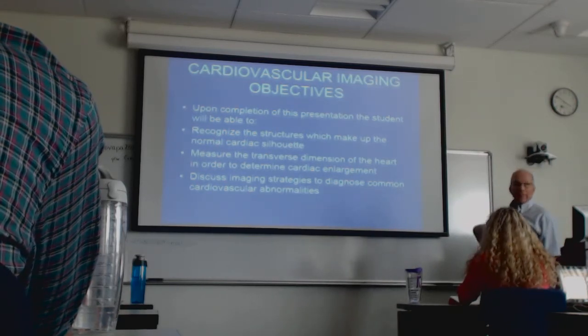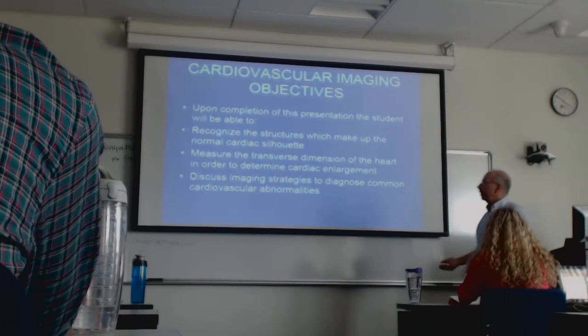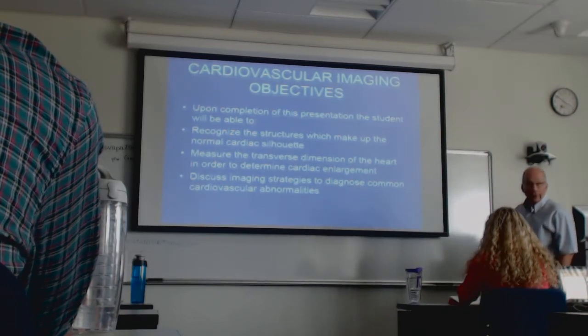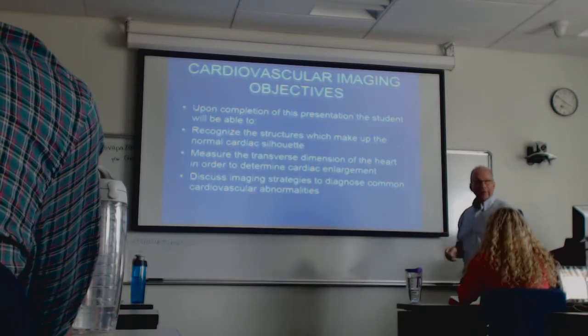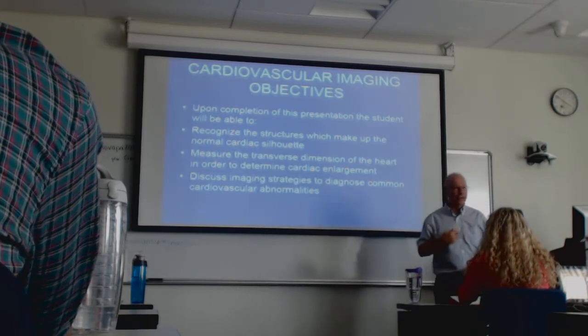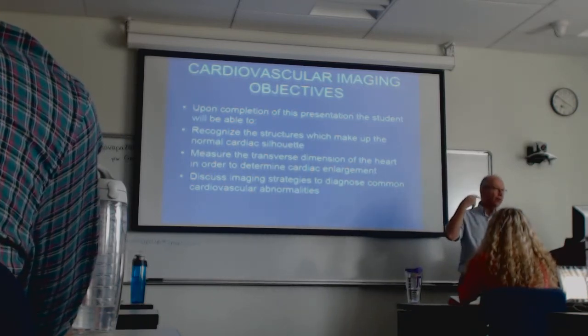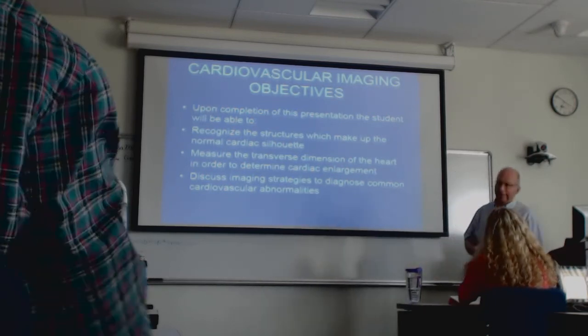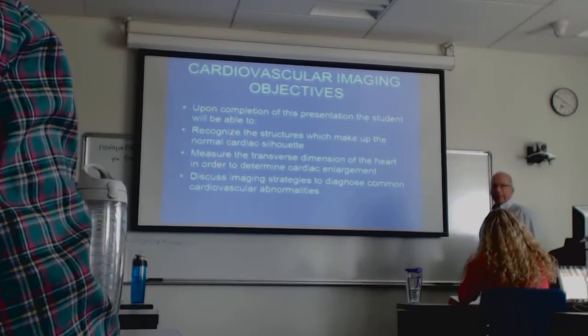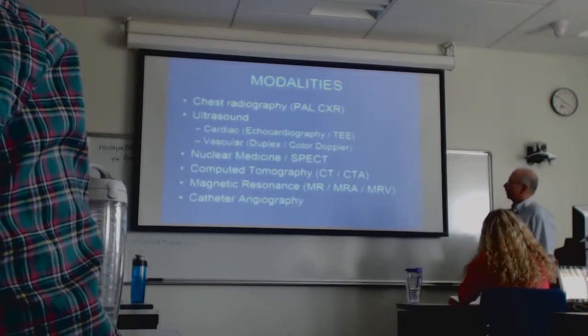We're going to talk about cardiomegaly, the enlargement of the heart, and what constitutes cardiomegaly. Then we'll talk about a number of other common cardiovascular abnormalities, starting in the chest, but also going into the carotid arteries, the abdominal aorta, the peripheral vasculature, and the veins. So we'll get out of the chest by the end of this.